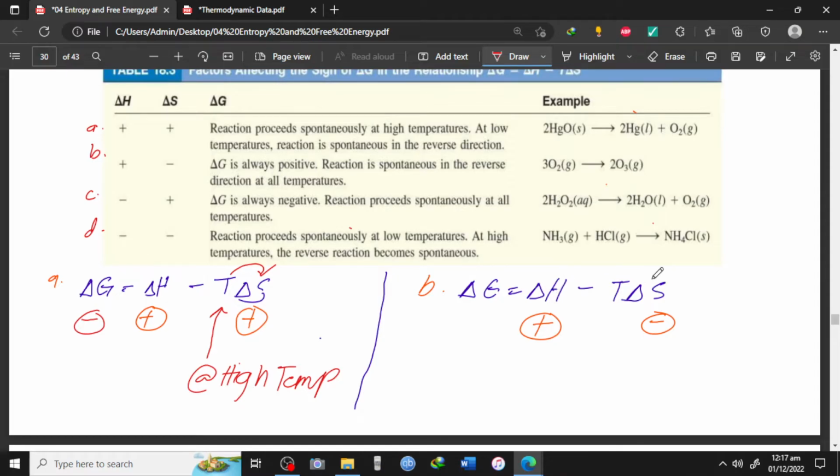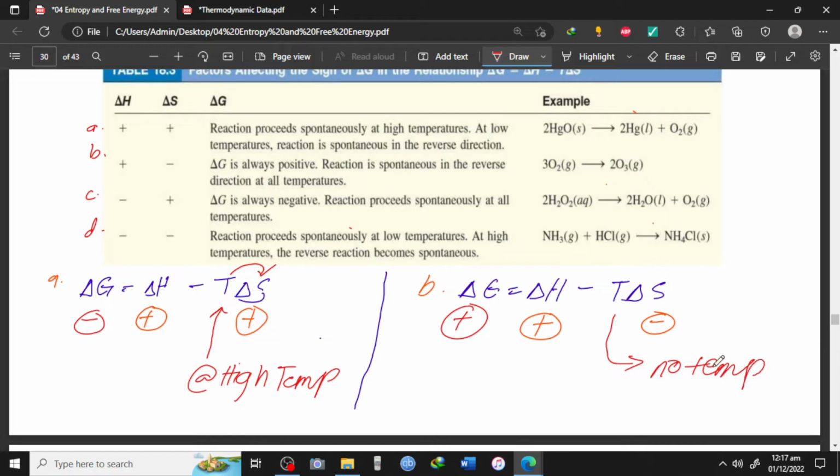Pag negative to students, no? Tatandaan nyo, negative times negative, ano? Negative times negative will be positive. So dahil magiging positive tong part ng equation na to, regardless kung ano yung temperature, ibig sabihin lang yan, at any temperature, hindi magiging spontaneous si delta G. So si delta G ay always positive, no temp.